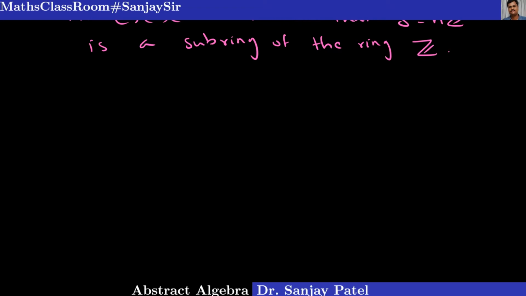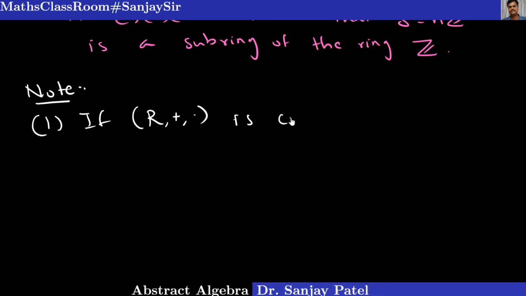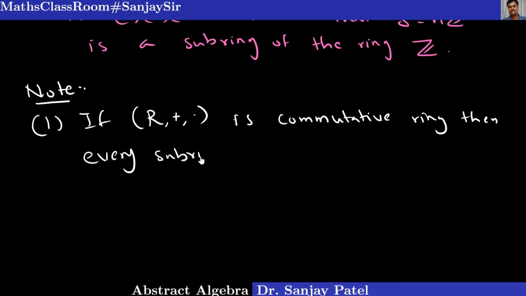The first thing I want to say is that if the main ring (R, +, ·) is a commutative ring, then it is obvious that every subring of R is also commutative. In short, every subring of a commutative ring is commutative.